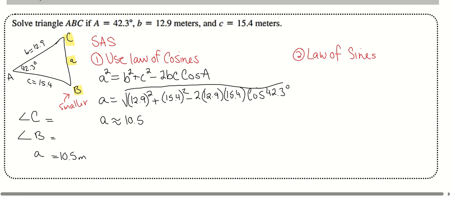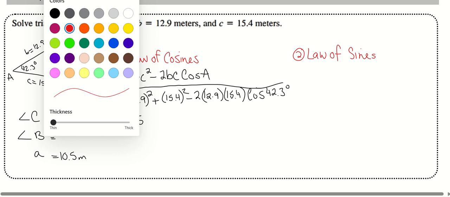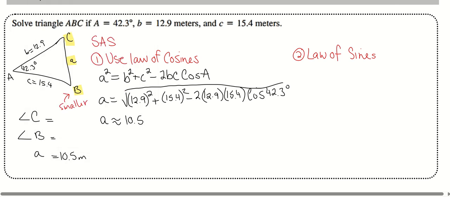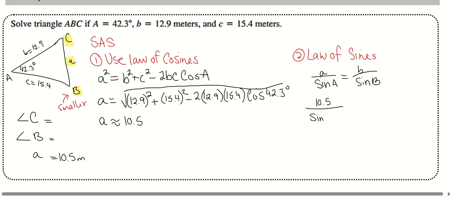So we're going to use law of sines to find the smaller angle, which now we can use A to find angle B. So little a happened to be 10.5. Angle A was 42.3. Little b is 12.9.